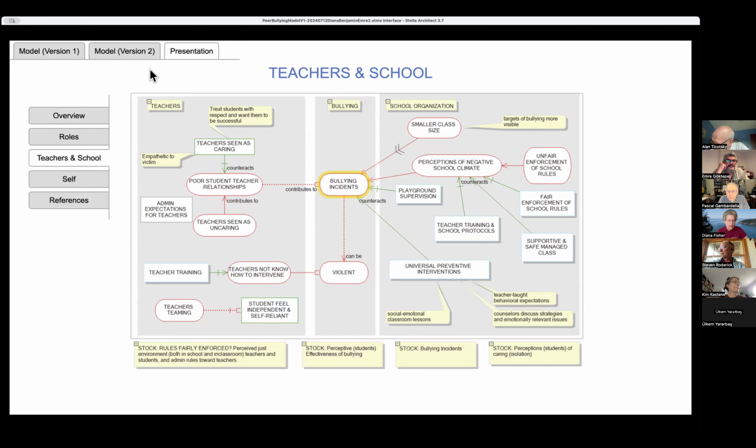Okay, so this is the focus. I don't really want to show you these other models. I don't know. What do you think, Emre? Should we show the models or should we just start with the two concepts? I don't want you to feel like you have to work from what we did.